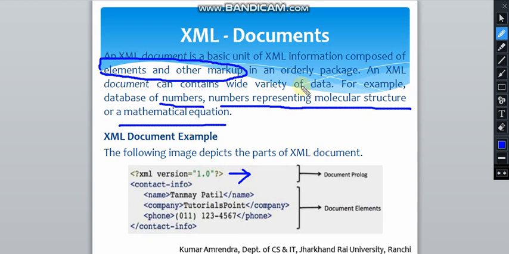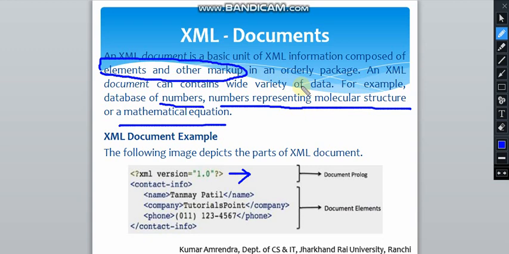So what is stored in the document prologue? The first thing stored is the version of XML, that is which version we are using, and its UTF encoding. We specify these two things in the document prologue.